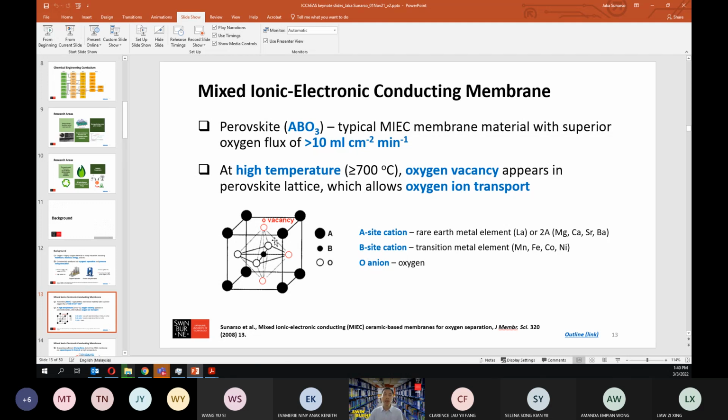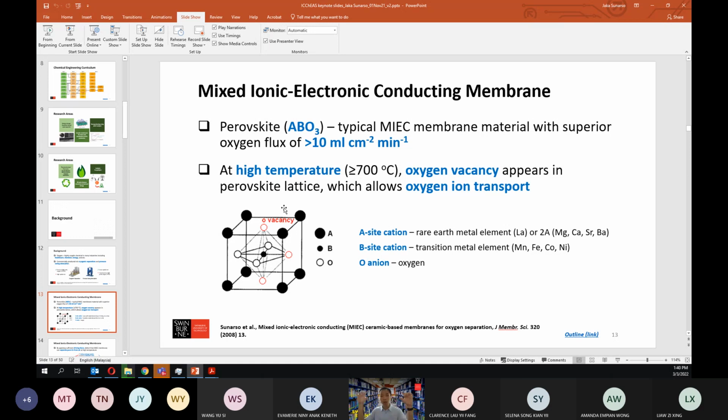In essence, if we apply an oxygen partial pressure difference, imagine we have a membrane, at this side we have a high pressure of oxygen, and at the other side of the membrane we have a very low pressure of oxygen. You can vacuum that side, for example.